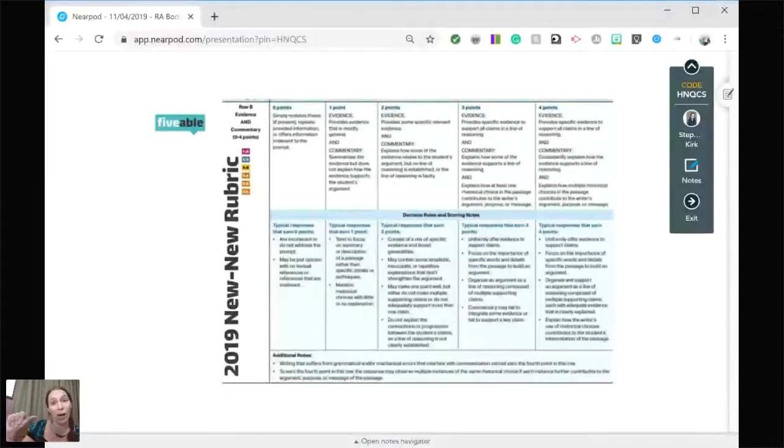If you can hit the what it is, the why it's used, and the how it impacts it, I think you're going to be okay with that idea of the adequate piece, okay? All right, so that last piece is that you are explaining it in terms of your interpretation of the passage. So you want to make sure that you have those pieces all in there based on the rubric.